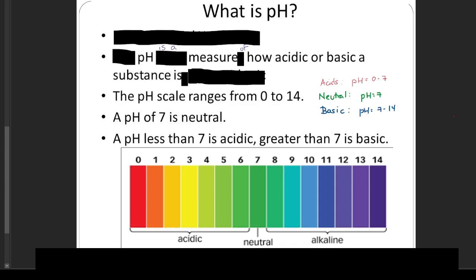There must be solutions which are neither acidic nor basic. Think of water, which is neutral, and water would have a pH of 7. And a solution which has a pH of greater than 7 to 14 is said to be basic.